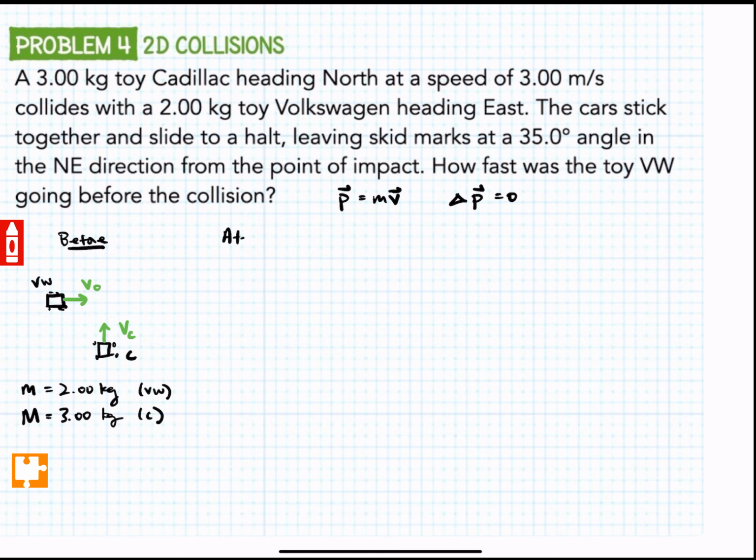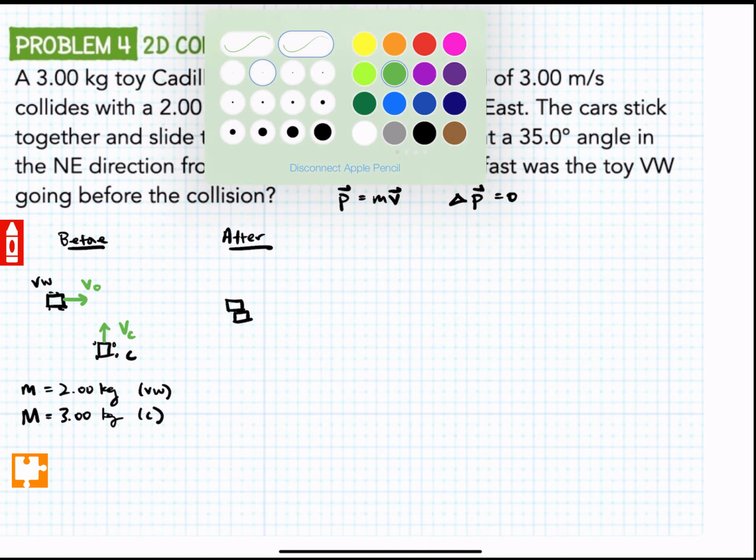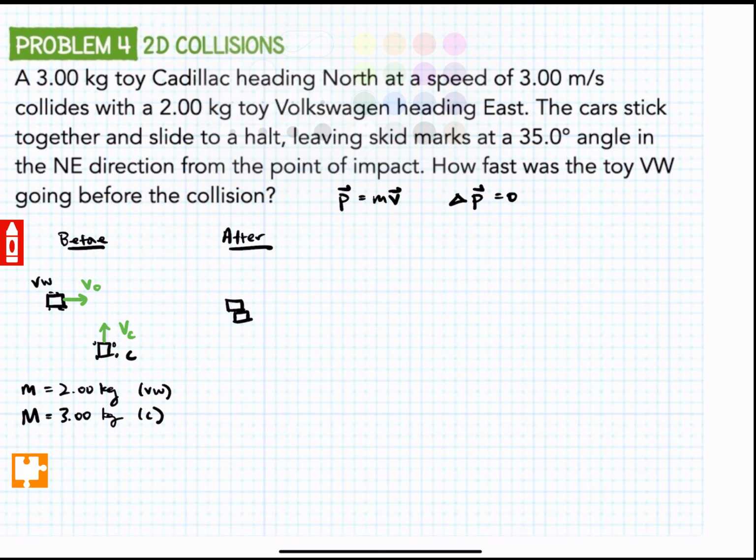After the collision, the skid mark tells us the direction. So we have these two cars, they're stuck together, but because we know they have a skid mark, they have some final velocity that's at 35 degrees from our x value.